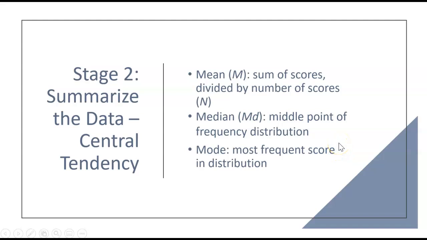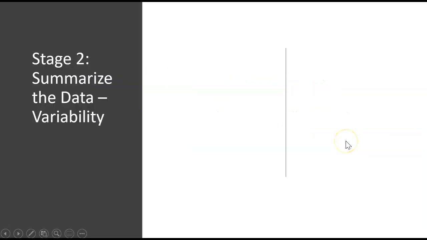I want to look at that distribution and see what I'm dealing with in terms of the shape. Because if I have a non-normal distribution, multiple modes, or a skewed distribution, it's going to determine not just what kind of inferential statistic I use, but also what kind of descriptive data I present to my reader. Now, variability.